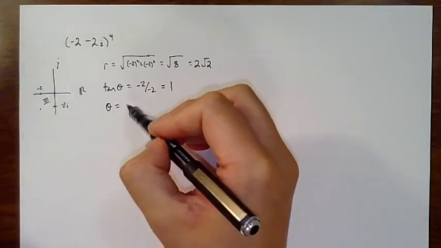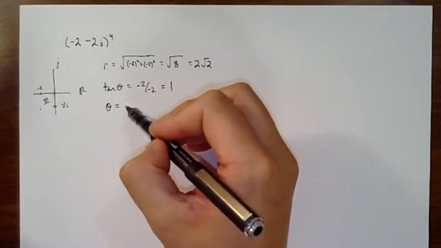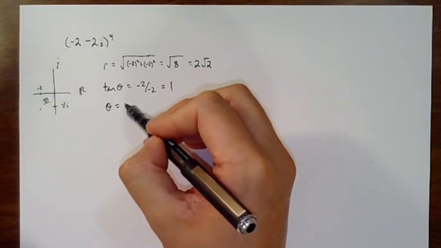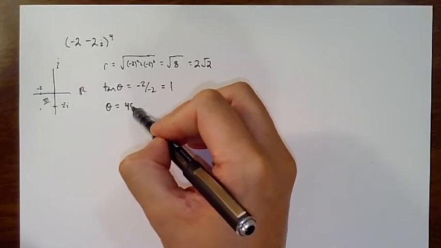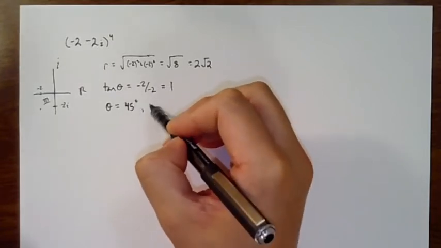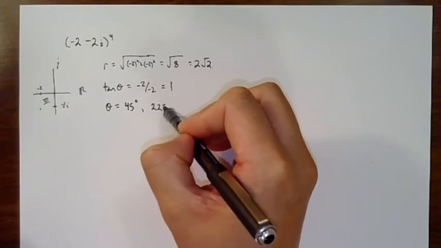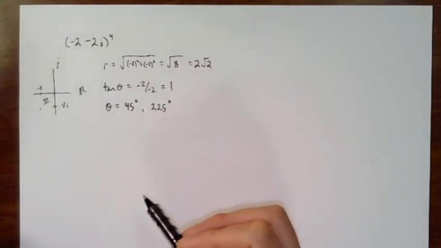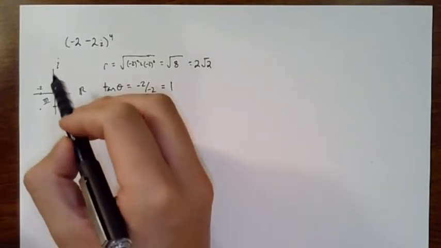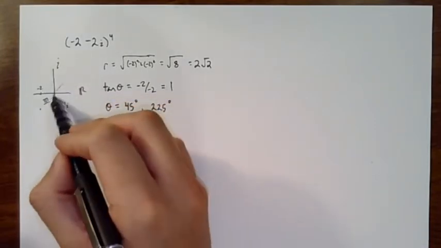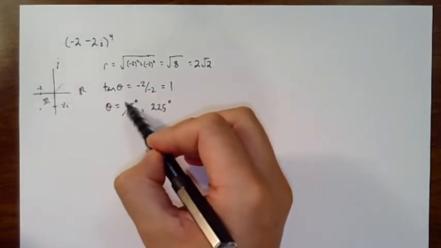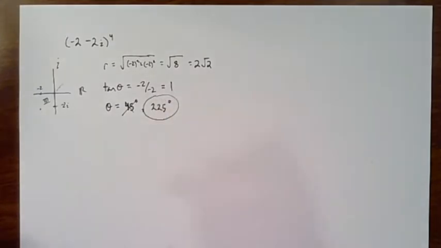Theta has to either be pi over 4, or sorry, we're doing this in degrees, has to be either 45 degrees or 225 degrees. Now if we look at our quadrant here, 45 degrees is going to be over here, but 225 is going to be over here. So we don't want 45, we want 225.